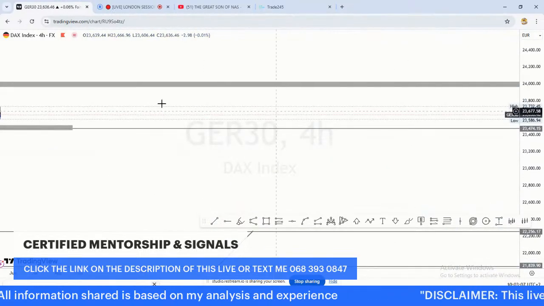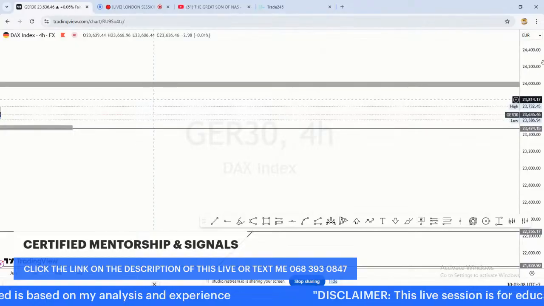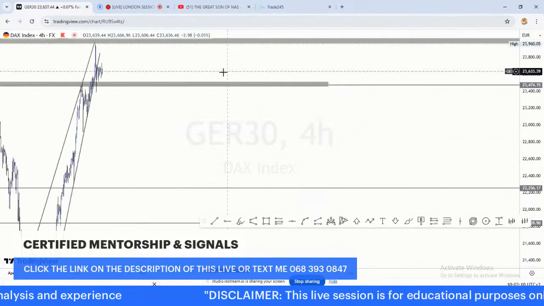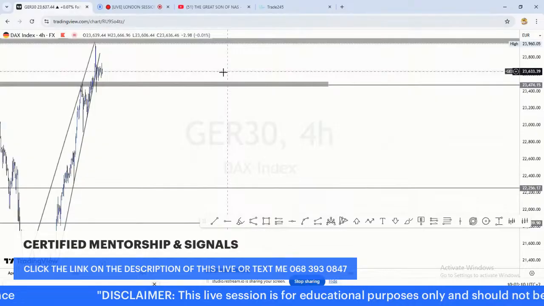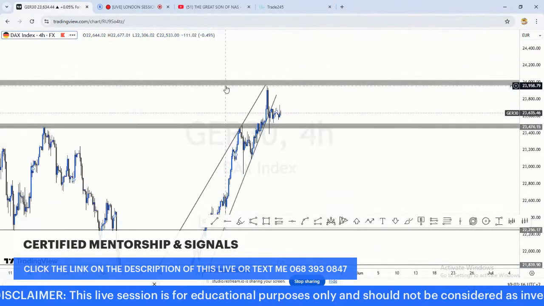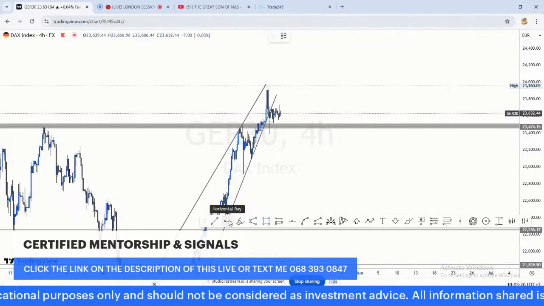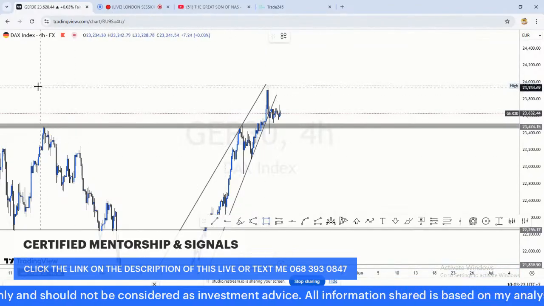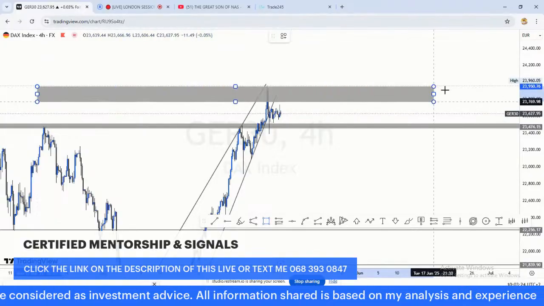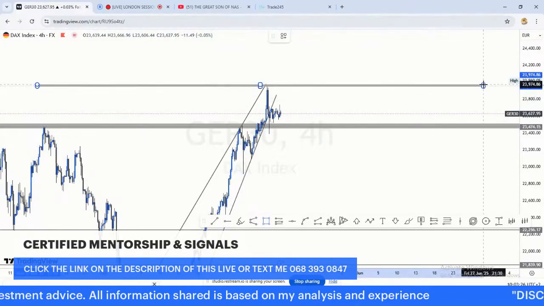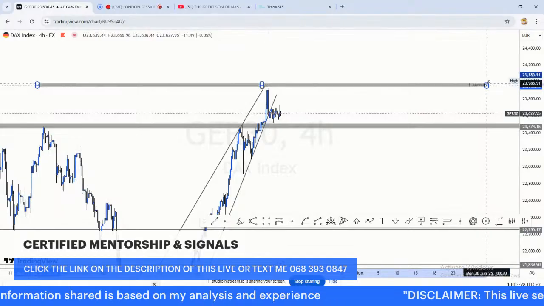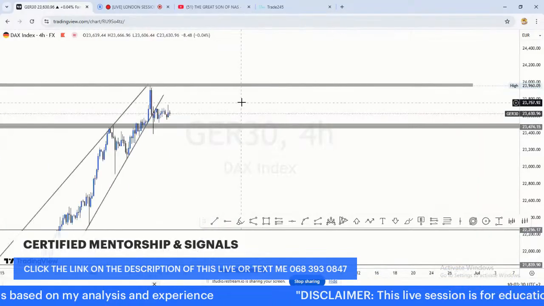Okay, let me just remove it and put it again. It's our current highest point, but we need to treat it as a strong zone also, because once the market touches it, the market reverses, you understand.